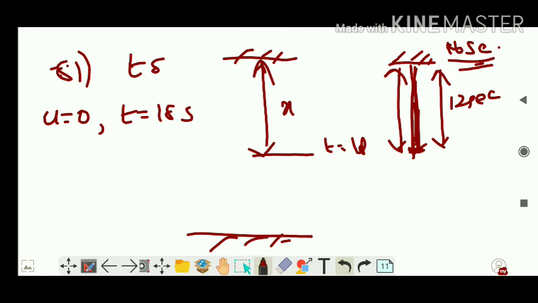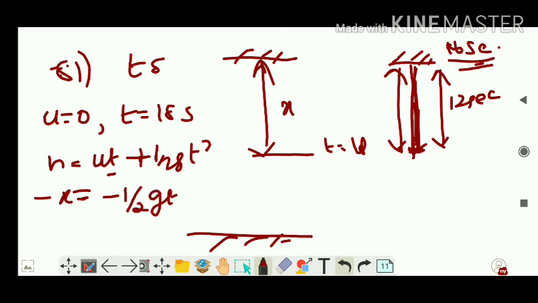So for the first ball, let's move on. h is equal to ut plus half gt squared. Here the displacement is downward, so I will write it as minus x is equal to u, which is 0, then minus half gt squared. And what is t here? 18. Substitute here.